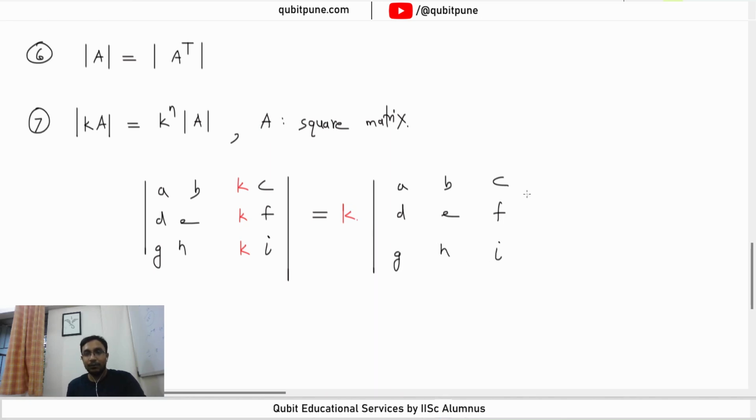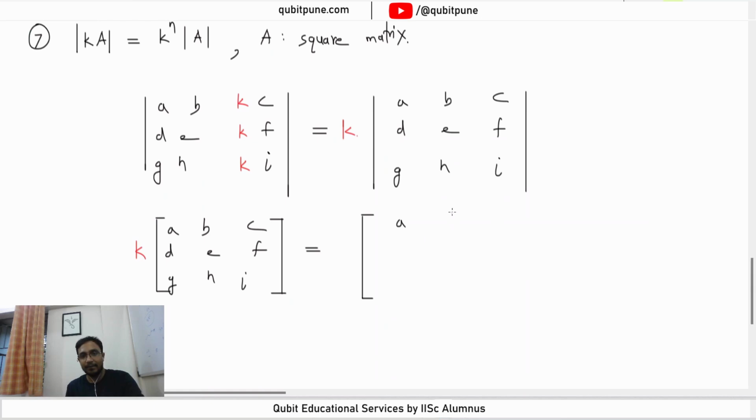Now we cannot do such an operation for a matrix, isn't it? If I have a matrix and I wish to multiply this matrix by k, what will happen? Each and every element of the matrix will get multiplied by k.